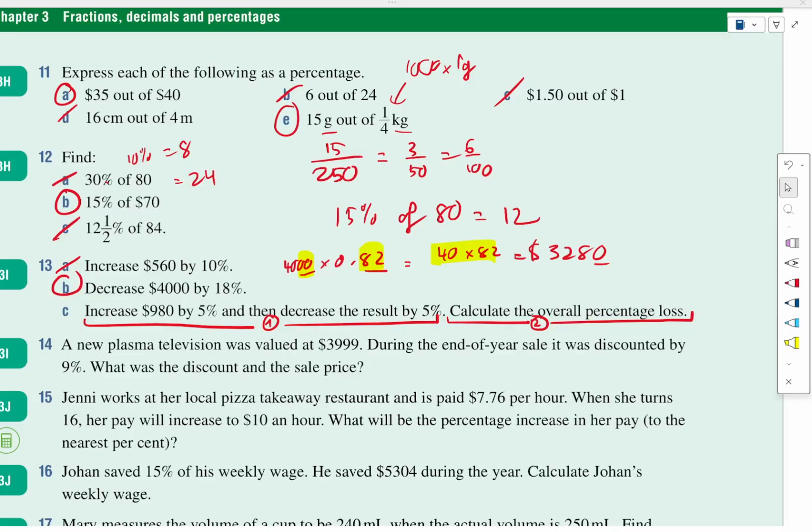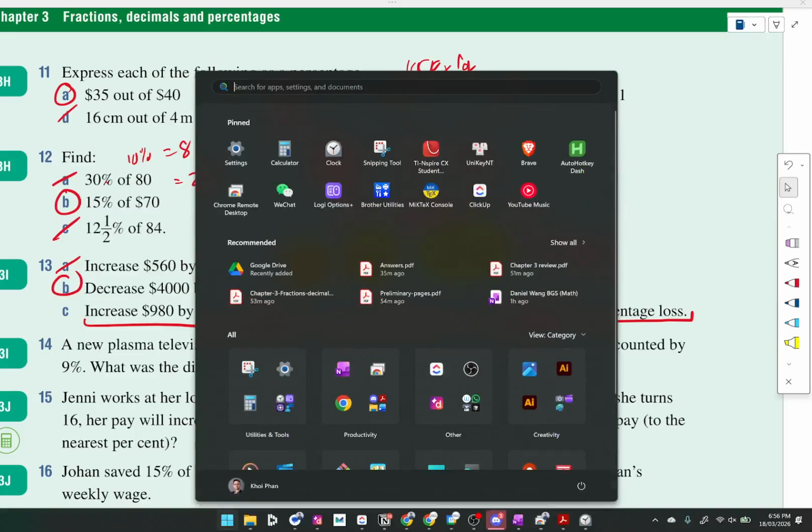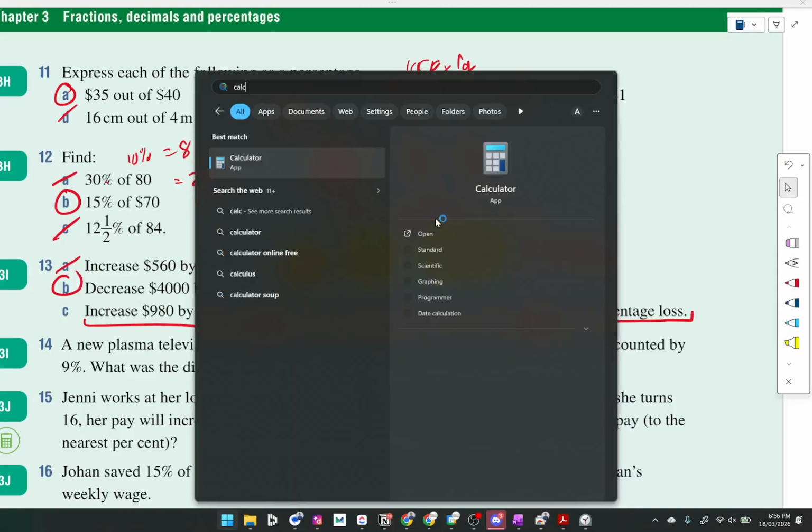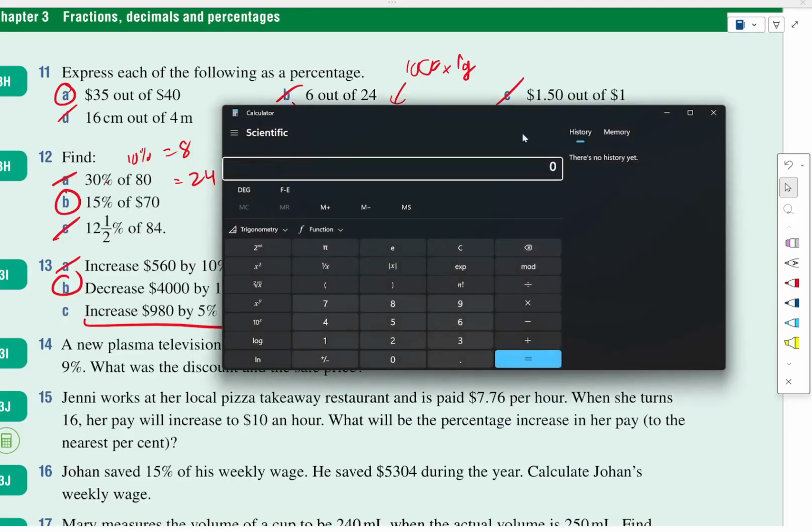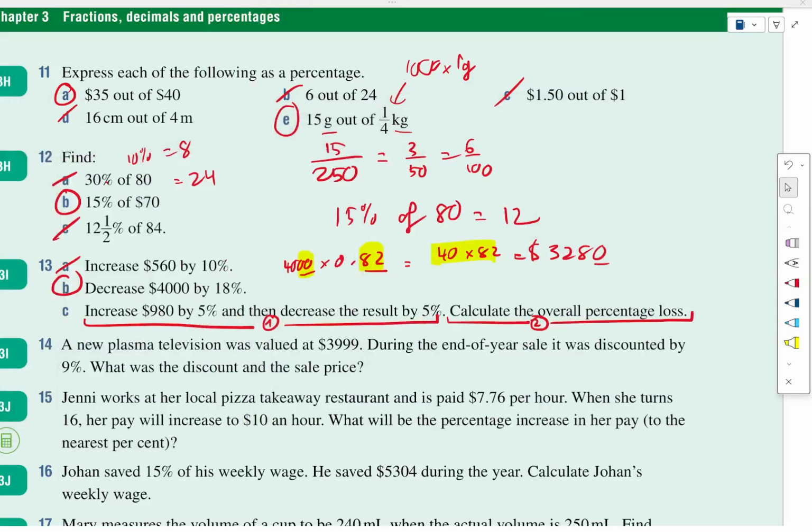Close. It's okay, hang on. What's your value? Okay, let me quickly check something for you. What's your value after you increase it by 5%? 1,004.5. Not quite.